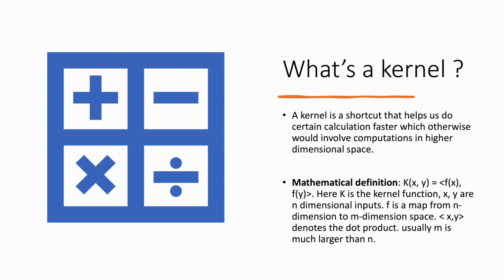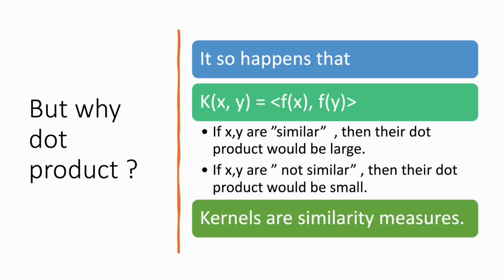And friends, if you recall, dot product is a scalar quantity. So the output of this kernel is always going to be a scalar quantity, right? Now, why are we getting into this dot product? As I was telling in the first video also, dot product is a similarity measure. Imagine we have two points in an n-dimensional space, x and y.